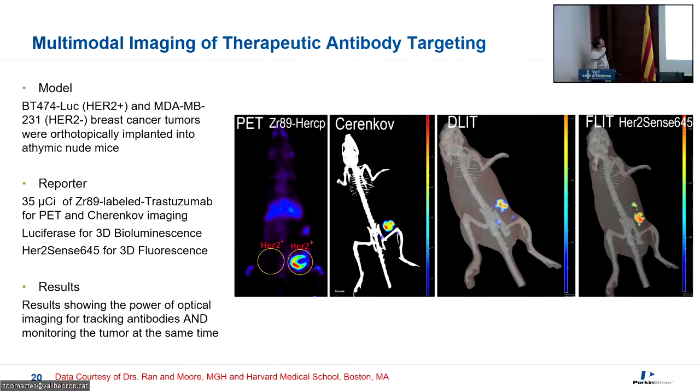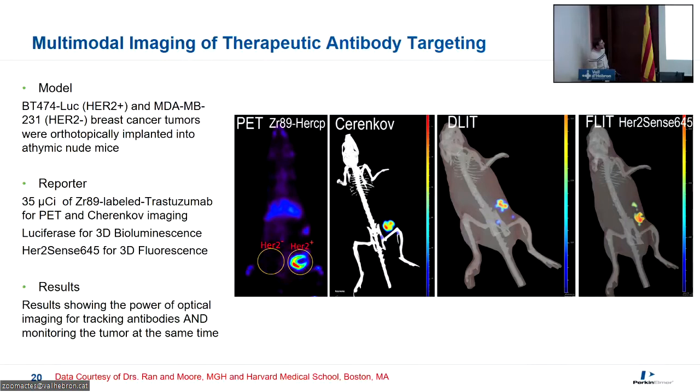Here it's also a multimodal approach. So in this case, we're using a model which is 2 different cell lines. One is called BT474, which is luciferase positive and HER2 positive, and another breast cancer line, MDA-MB231, which is HER2 negative. And in this case, we were using different approaches to target those tumors. So you can see here the distribution of Herceptin, which is the trastuzumab grafted with zirconium.